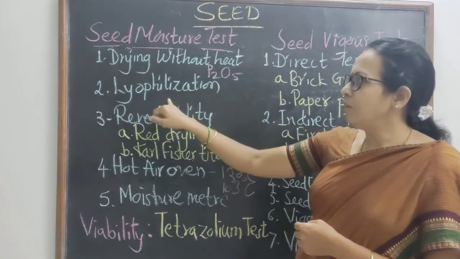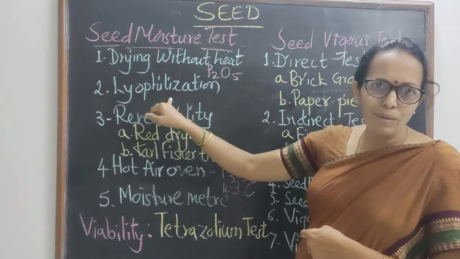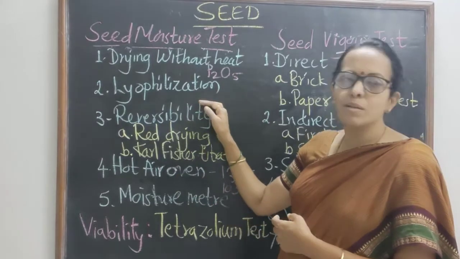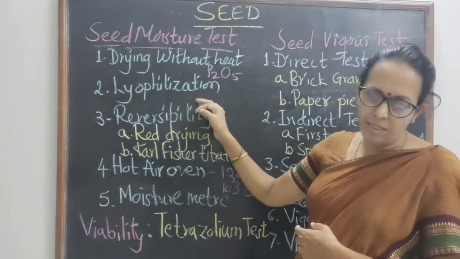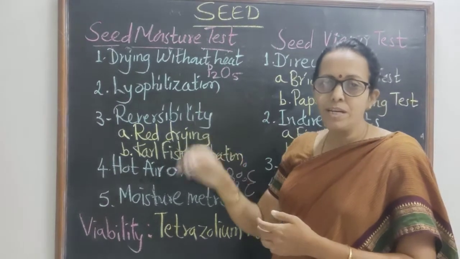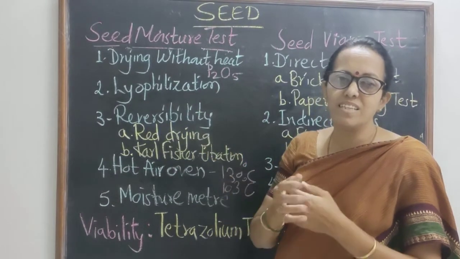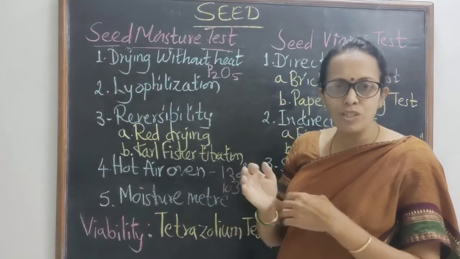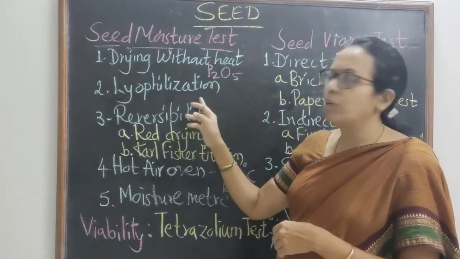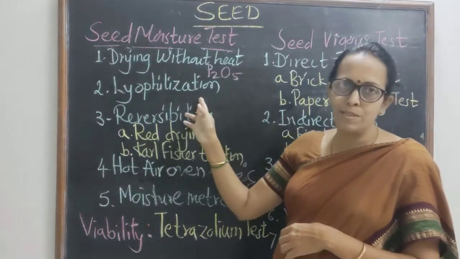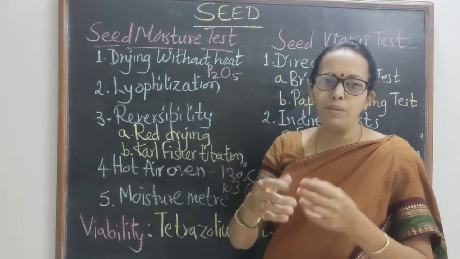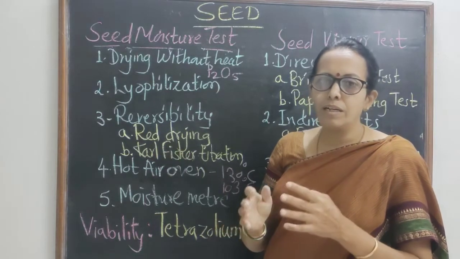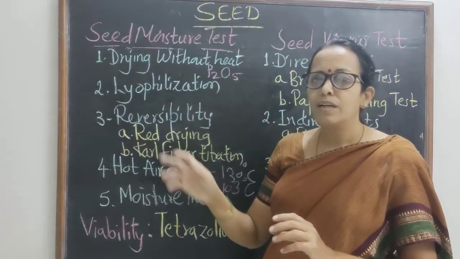The second method is what we call the lyophilization method, where instead of hot air, we use cold temperatures, that is, freezing temperatures. We keep the seed samples in freezing temperatures, where gradually they will lose moisture, and again we take the differences in the weights, between when we kept the seeds for freezing and after we get a constant weight.